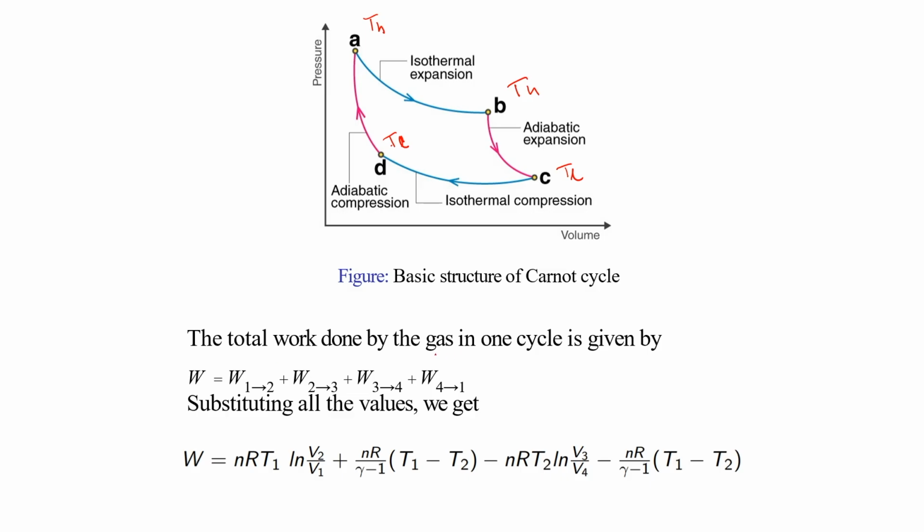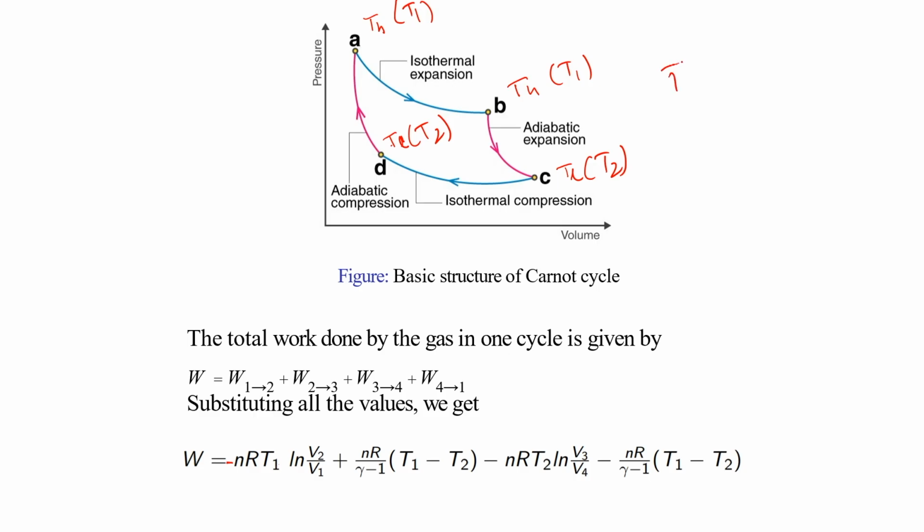So the total work done if we calculate this cycle is W1 to 2 for the isothermal process, which gives minus nR TH.